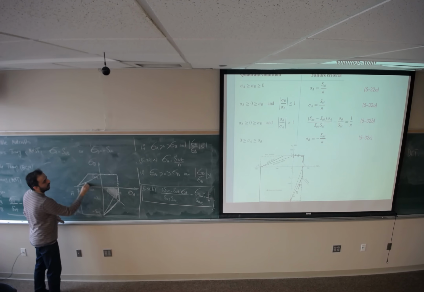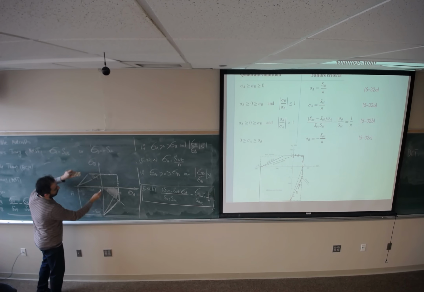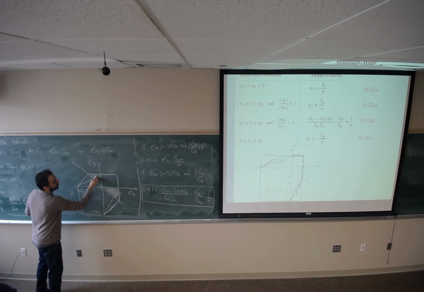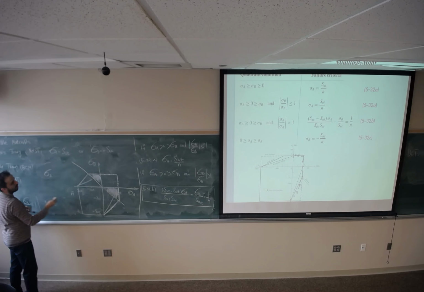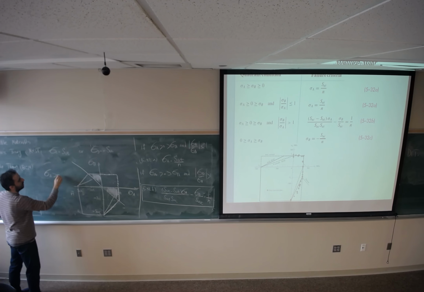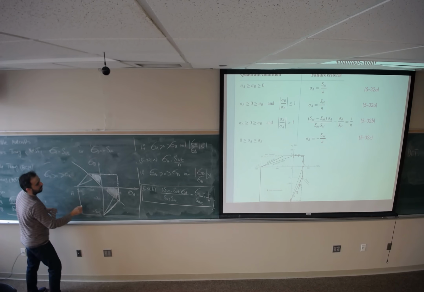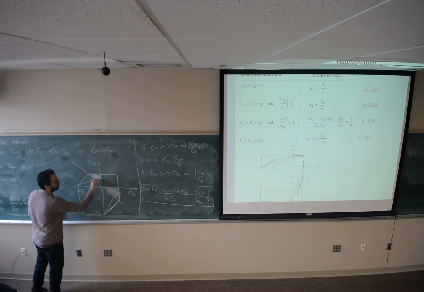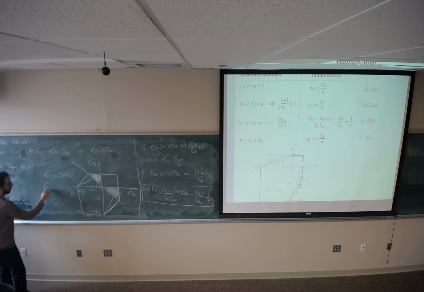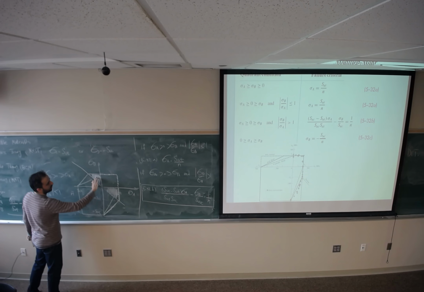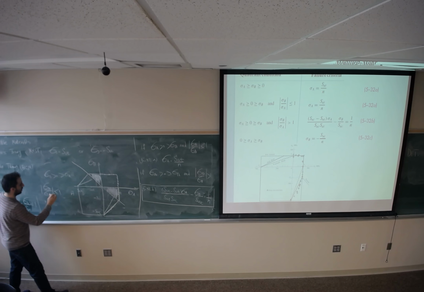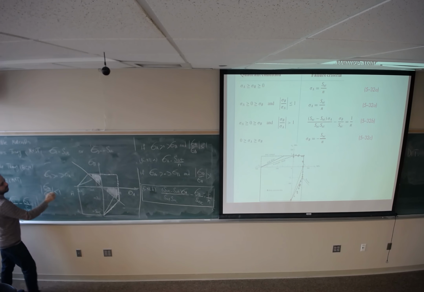Same thing here. I didn't write the equation, but if you extend this line in this region, sigma A is negative and sigma B is positive. If we are somewhere here, and sigma B over sigma A, absolute value, is less than 1, we are going to be here.